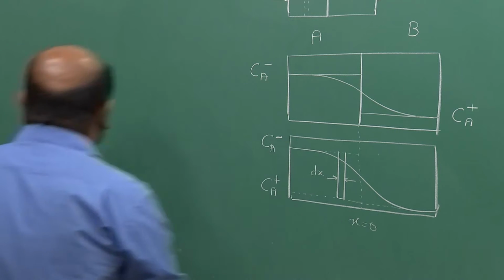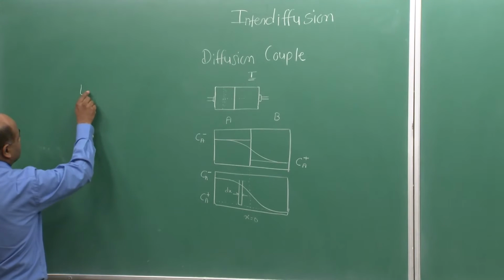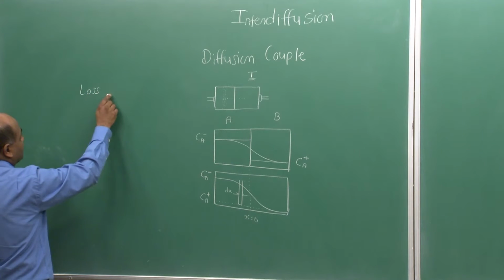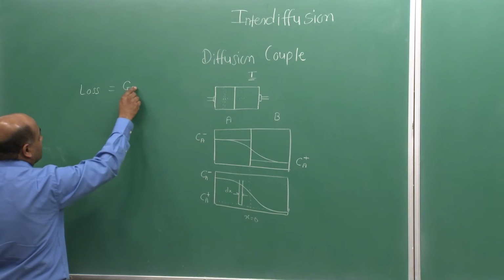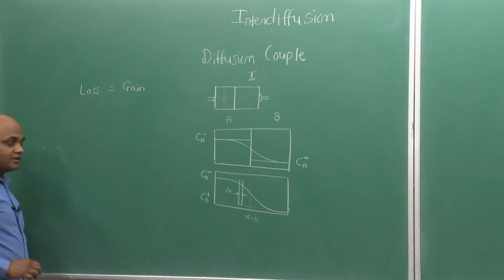We want to do the mass balance. Loss on left side should be equal to gain on the right side.